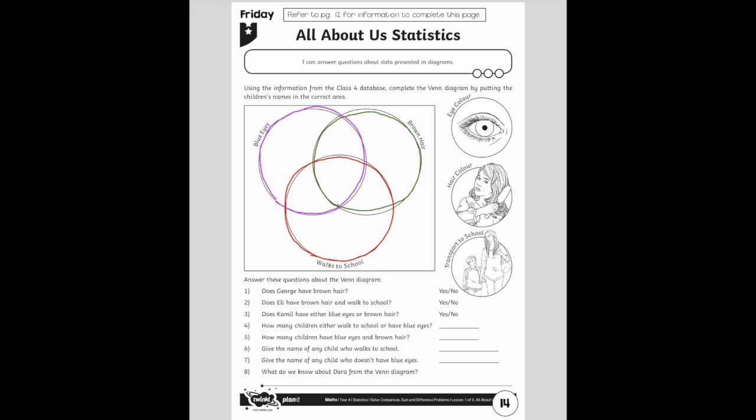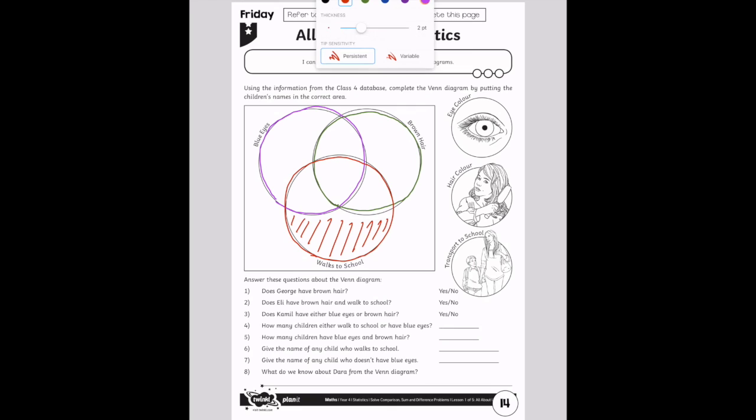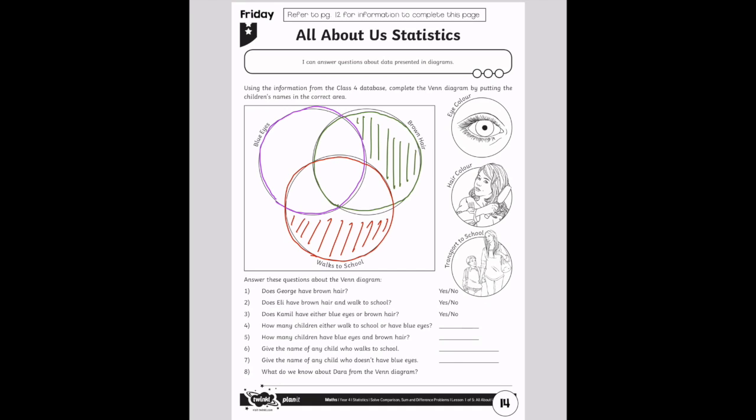Okay, so anybody that walks to school but does not have blue eyes and does not have brown hair would go in here. Anybody that has brown hair but does not walk to school and does not have blue eyes goes in here. So anybody that has blue eyes, does not have brown hair, and does not walk to school would go in here.